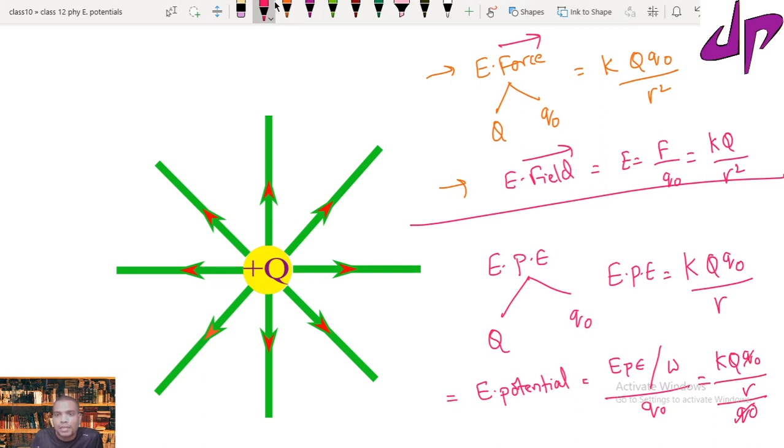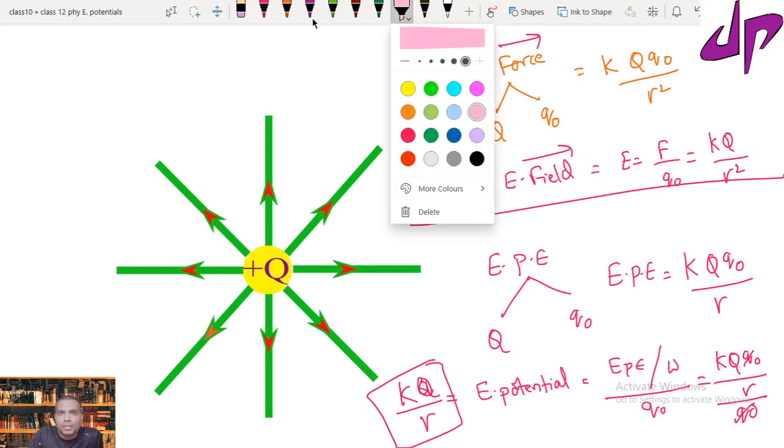We can write electric potential as K capital Q upon R. So try to compare these four formulas.